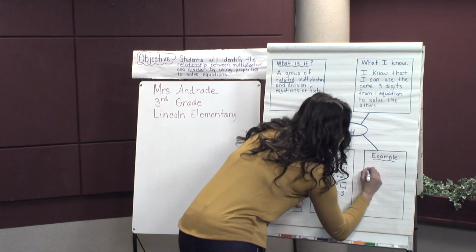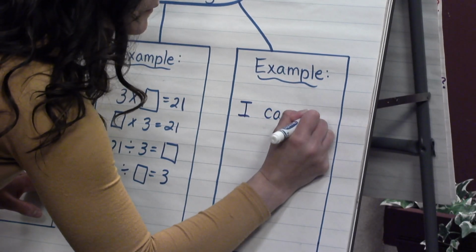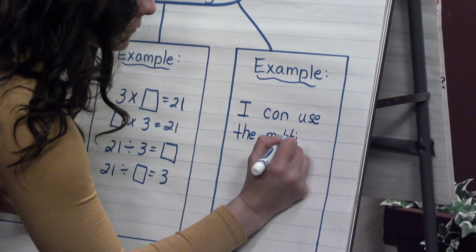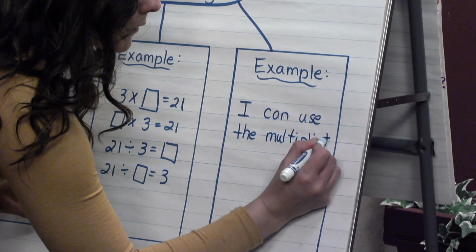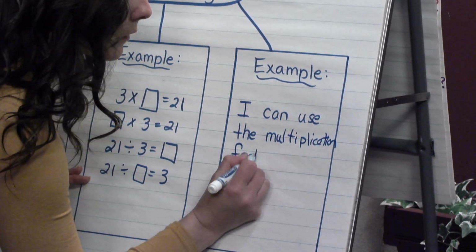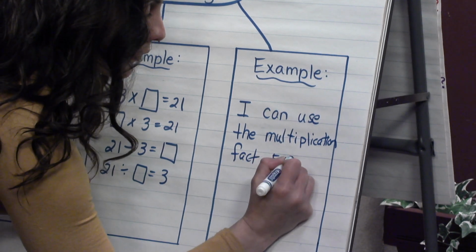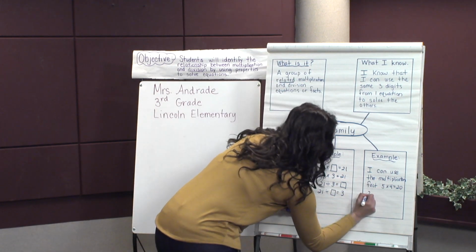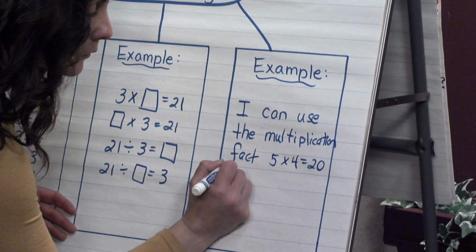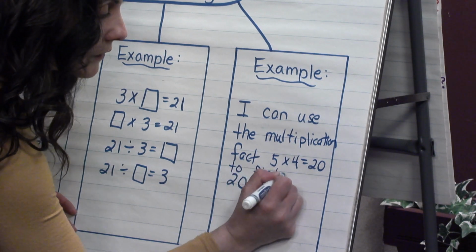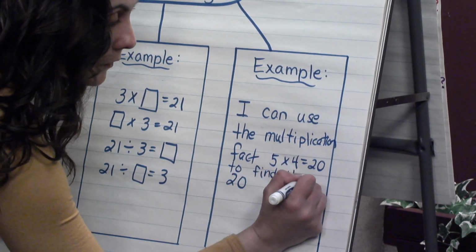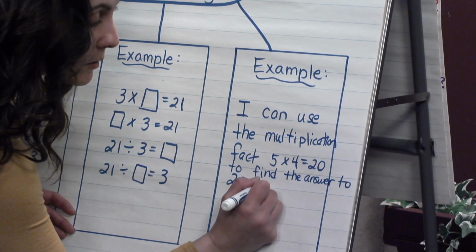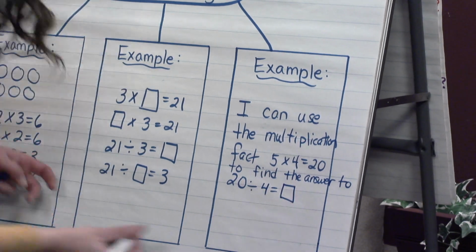I can use the multiplication fact (5 times 4 equals 20) to find the answer to 20 divided by 4 equals blank.